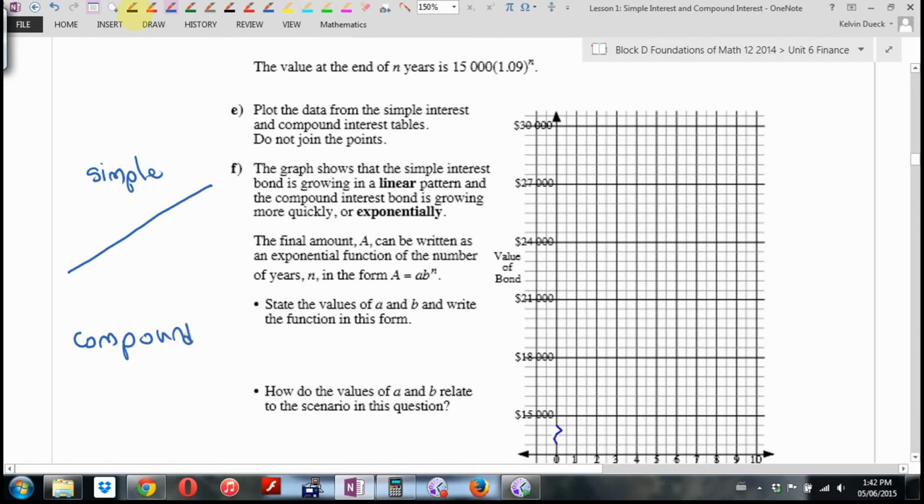Matt, what does every single exponential curve look like? Compound interest does that, which means the longer you have the loan, holy smokes, the more you're paying off. Or the longer you have the investment, holy smokes, the more you're making, because it gets steeper.